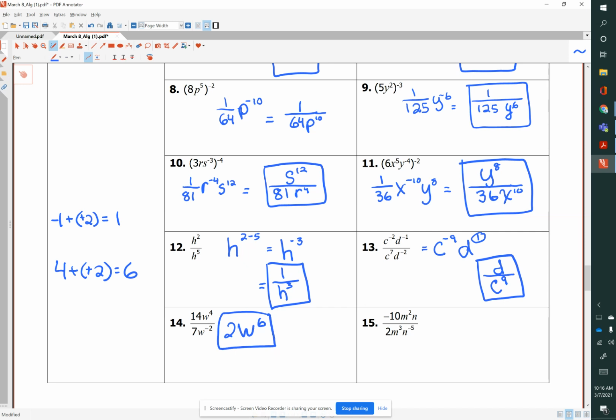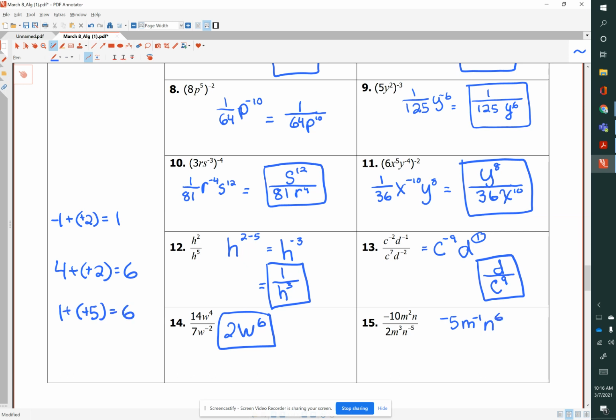And number 15, negative 10 divided by 2 is negative 5. And then we have m, 2 minus 3, which is a negative 1. We cannot make that invisible. And then we have n, 1 minus a negative 5. Let's move over here. 1 minus a negative 5 is 1 plus 5, which equals 6.